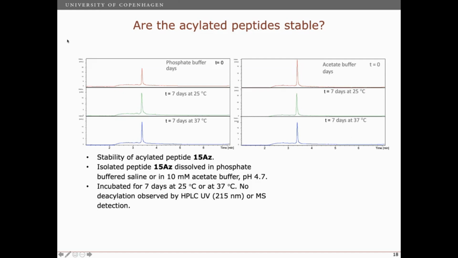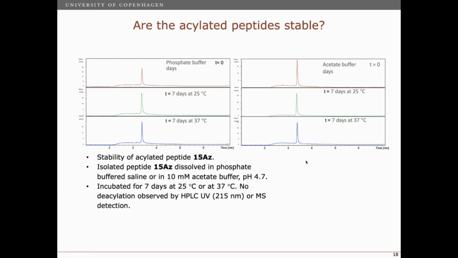So here, this is the peptide 15, which I showed previously. It has an acetoacetyl attached. This is the starting peptide here, in phosphate buffer. Here it's an acetate buffer. This is 7 days at 25 degrees, 7 days at 37 degrees, and you do not see degradation.